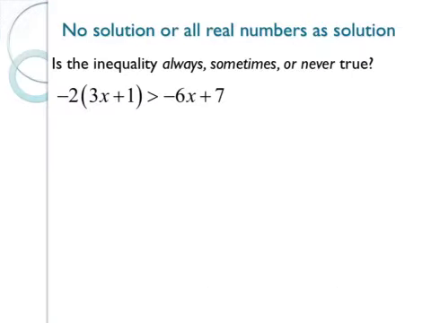So will this inequality be always, sometimes, or never true? Well, in order to tell, we need to isolate the variable x. So I'm going to continue to distribute. And then I'm going to try to isolate my x value. So I'm going to add 2 to each side.